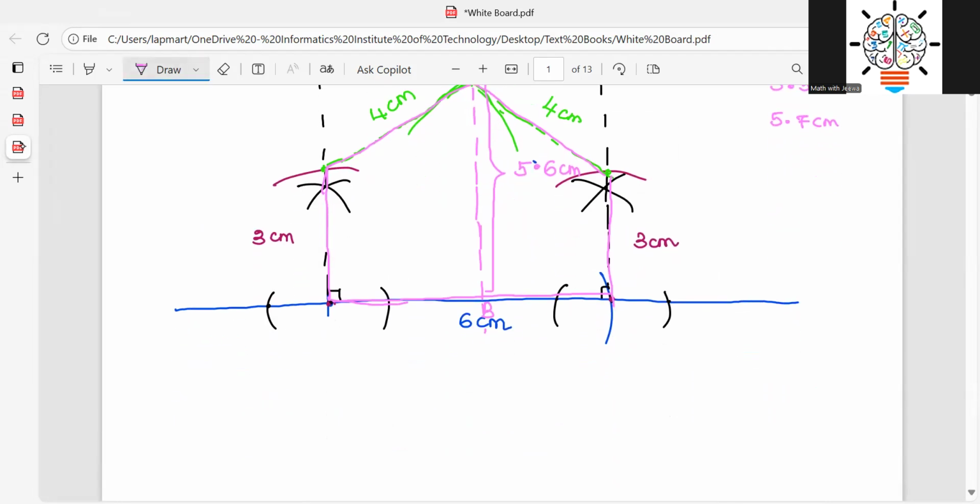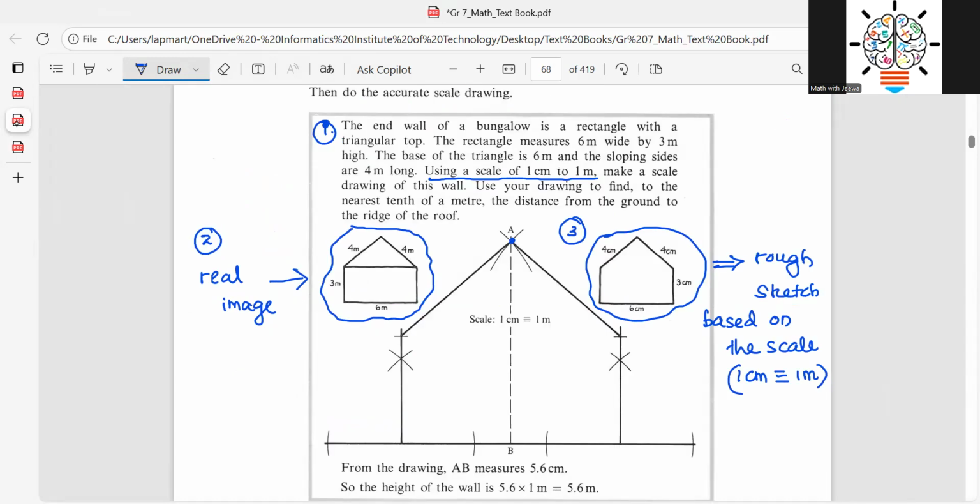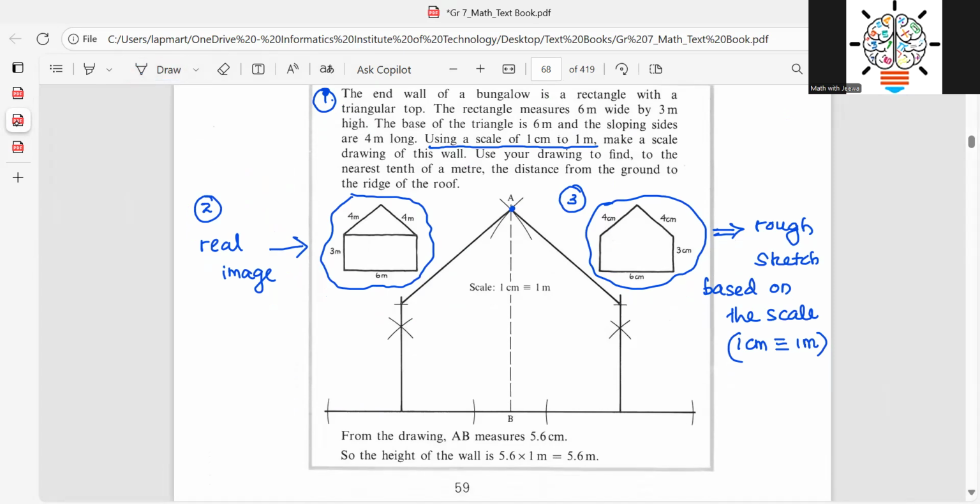And what was the scale, children? The scale was that 1 centimeter represents 1 meter. So that means if it is 5.6 centimeters, the real world length should be 5.6 meters. So what they ask, the distance from the ground to the ridge of the roof, is just 5.6 meters. Hope it is clear.